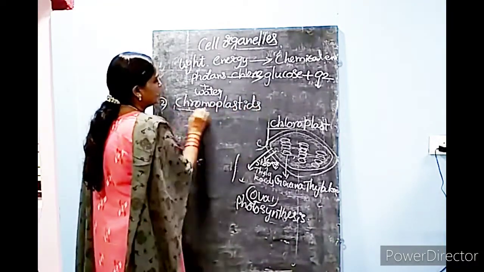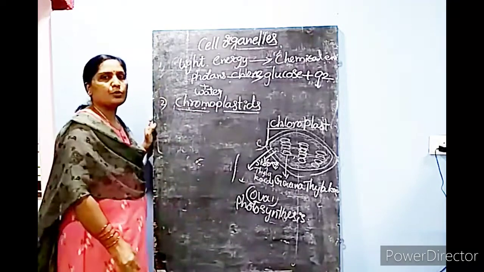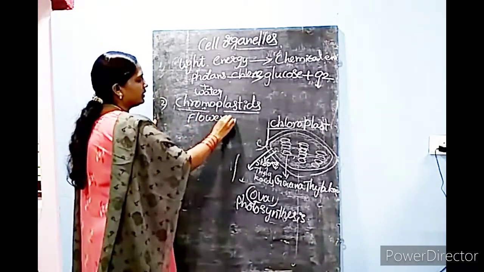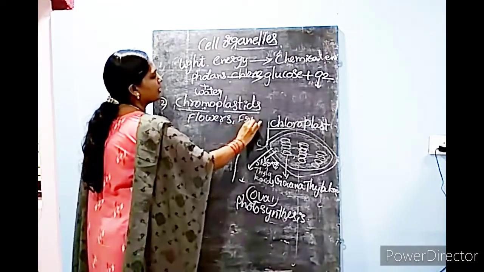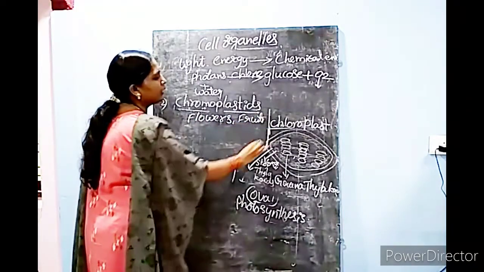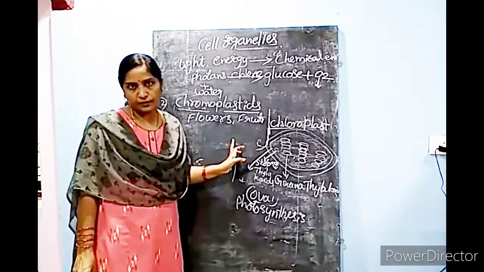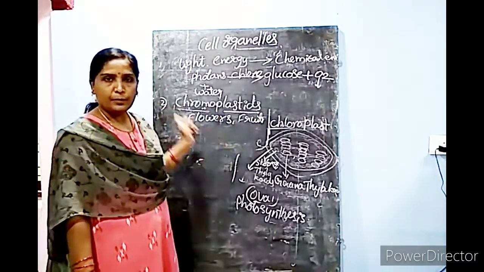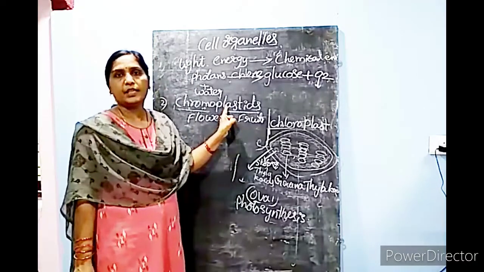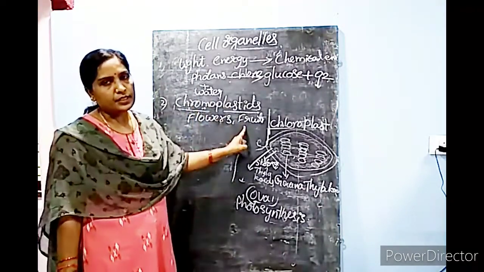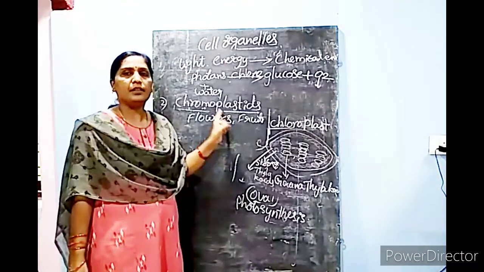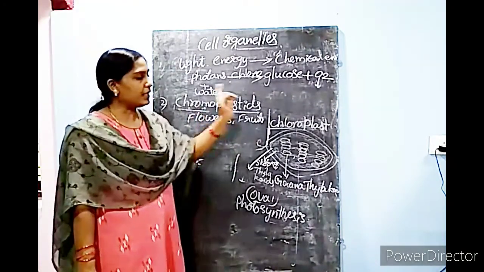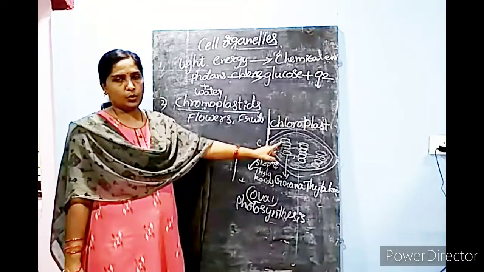These chromoplastids help to give color to flowers and fruits. Flowers and fruits come in different colors because of these plastids. If chromoplastids are present in them, they appear in different colors other than green. Green color appears because of chloroplast.